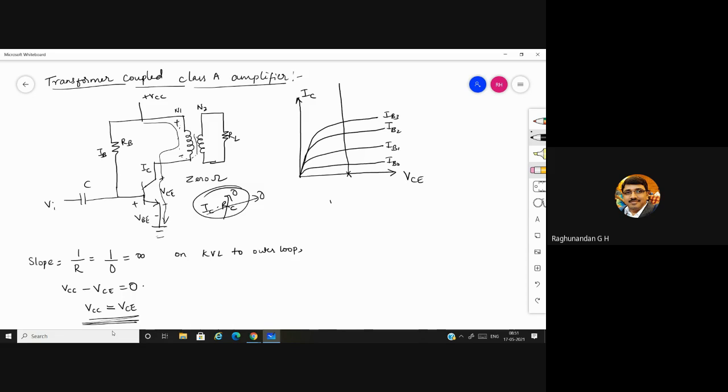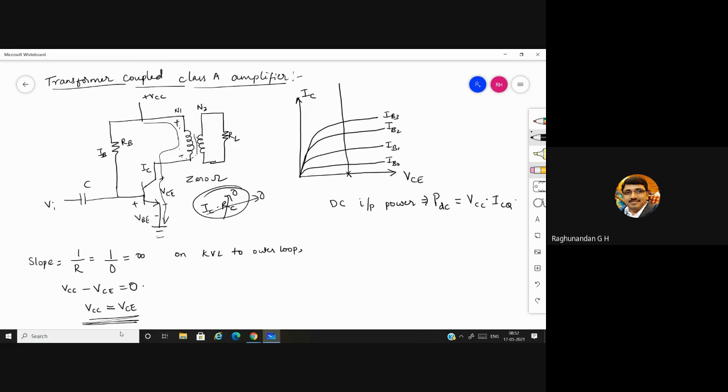Now coming to the DC input power. For DC input power, what is the equation we usually use? PDC is equal to VCC into ICQ.